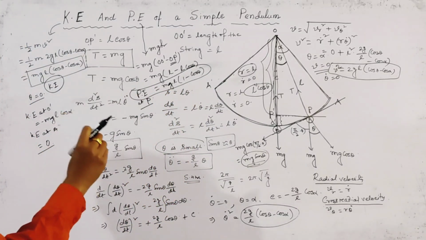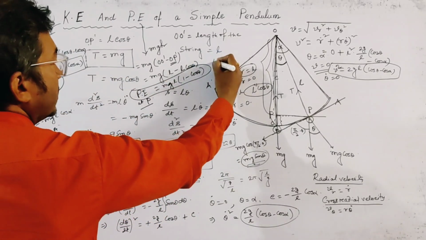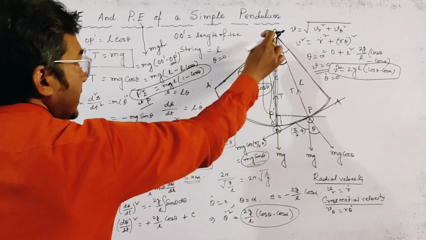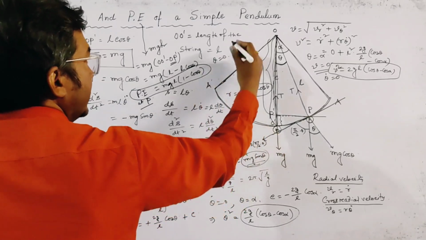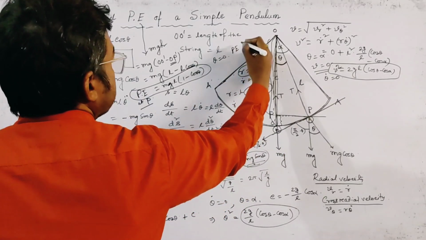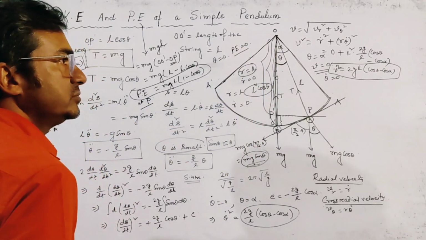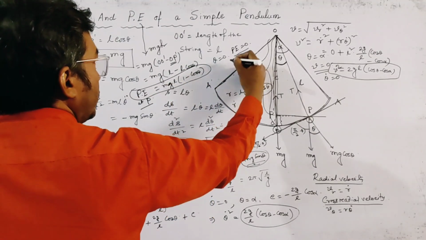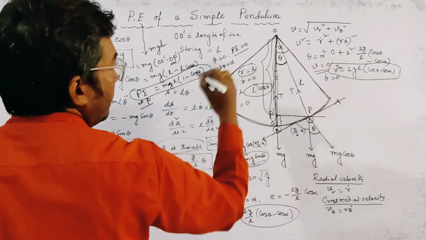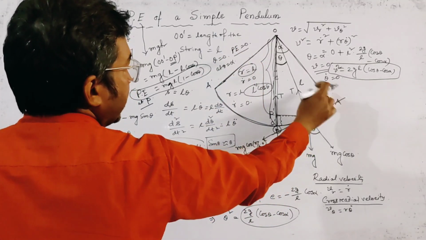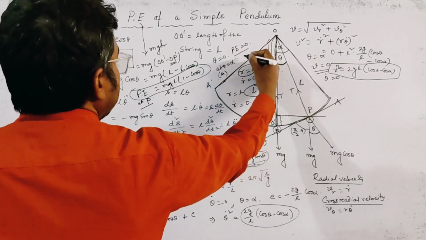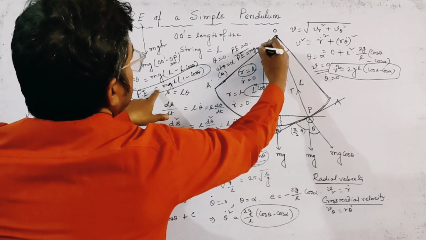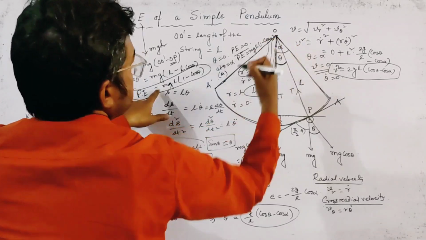Now if we put theta equal to 0, the particle is at O dash, and the potential energy is equal to 0, because theta equal to 0 means 1 minus 1. At theta equal to alpha, that is at A, the potential energy is given by mgL into 1 minus cos alpha.